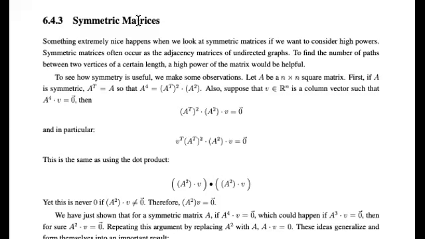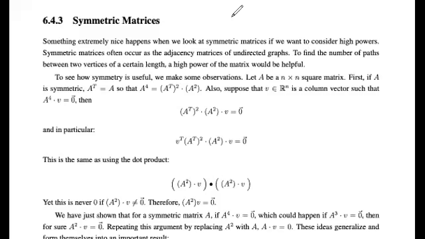This is subsection 6.4.3 on symmetric matrices. Now, do you remember what a symmetric matrix is? It's one that looks symmetric about the forward diagonal, like this. So we have a matrix here, and if we have an entry here across this diagonal, you have a symmetry.